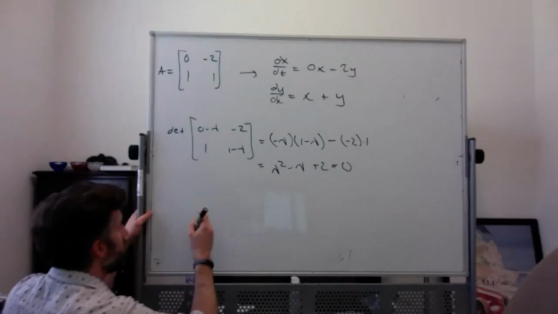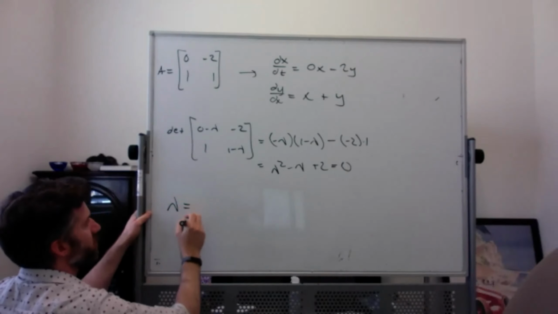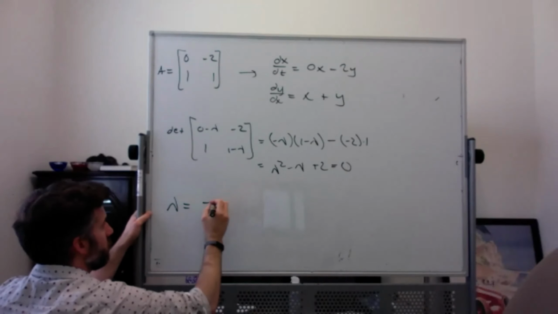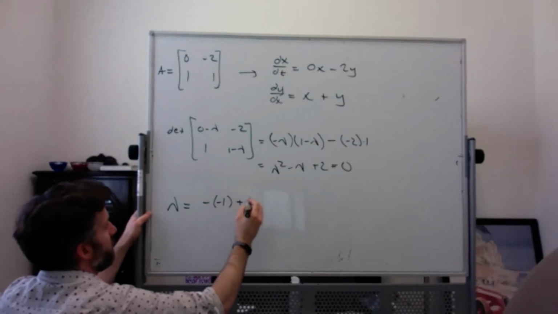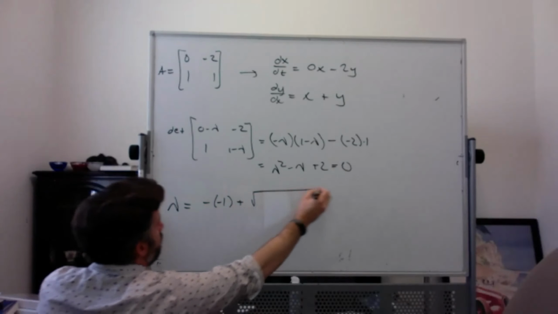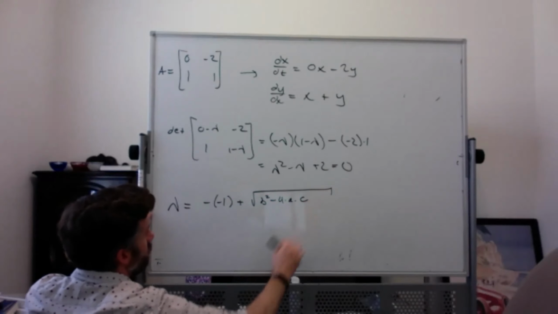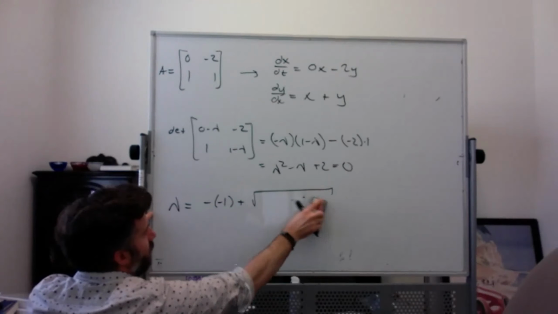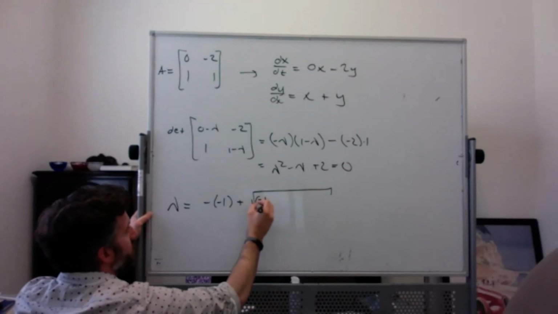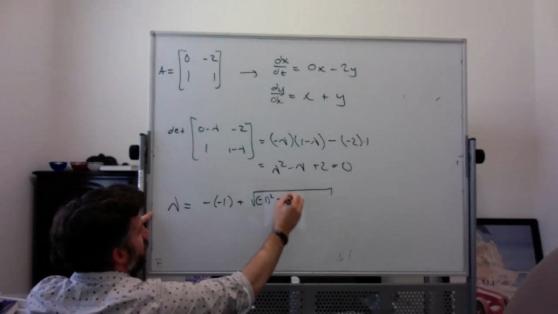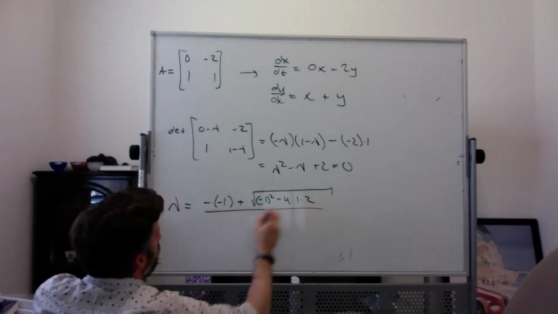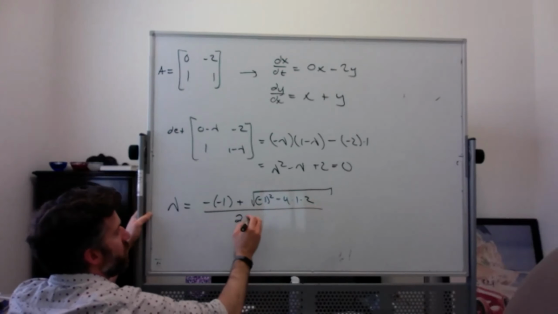Here's what's going to happen. Here's the quadratic formula. We get lambda equal to negative b plus or minus the square root of b squared minus 4 times a times c, all over 2 times a.